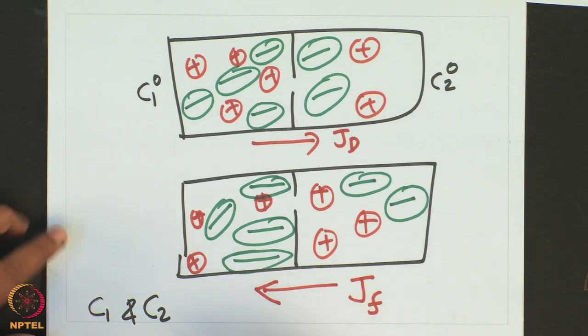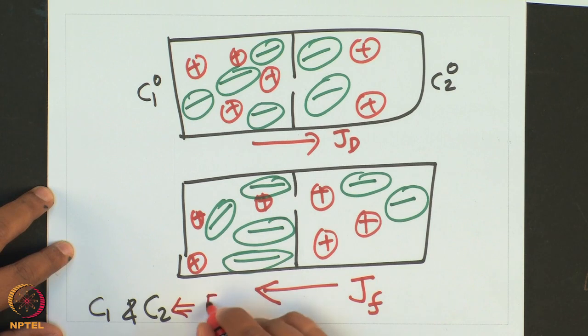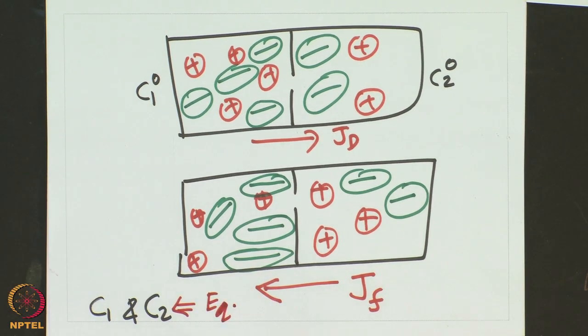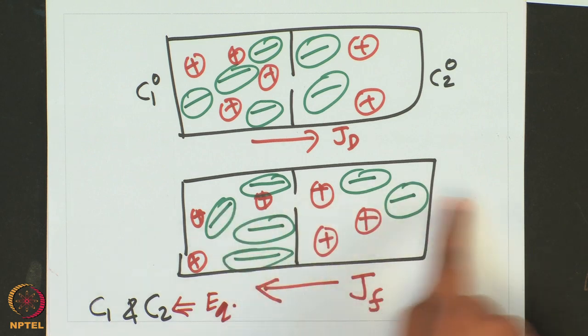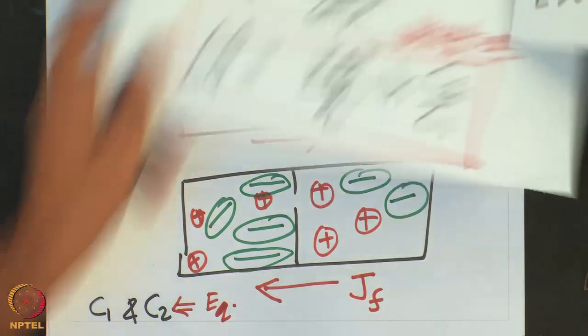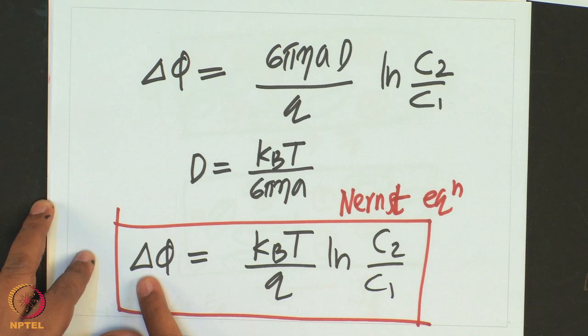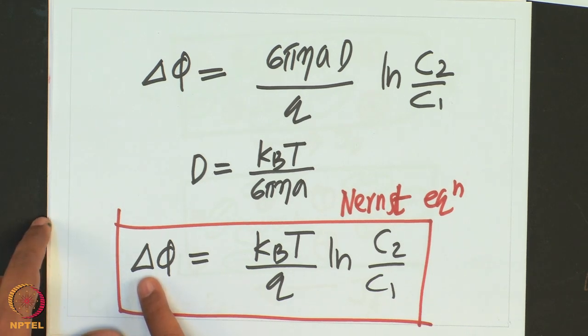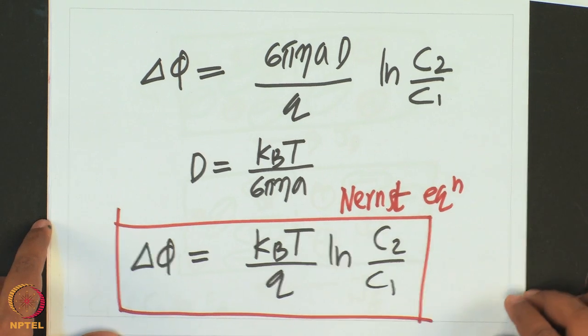So, C1 and C2 are the equilibrium concentrations, the final concentrations on either side when the flows balance. These flows will keep going, and this would develop a potential difference, the delta phi that we have, because the system will not be electrically neutral.